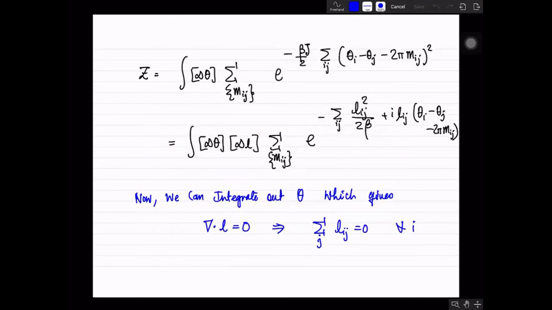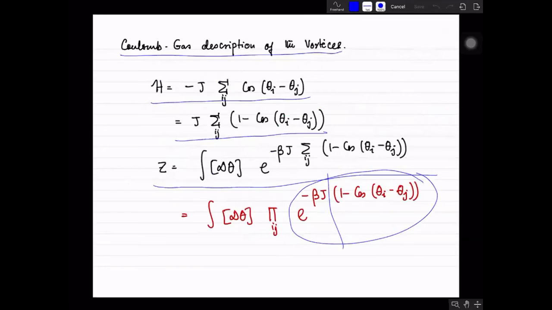So for our case, this was the Hamiltonian, and I replace this with e to the power minus beta J by 2, times theta i minus theta j minus 2 pi m_ij, squared.